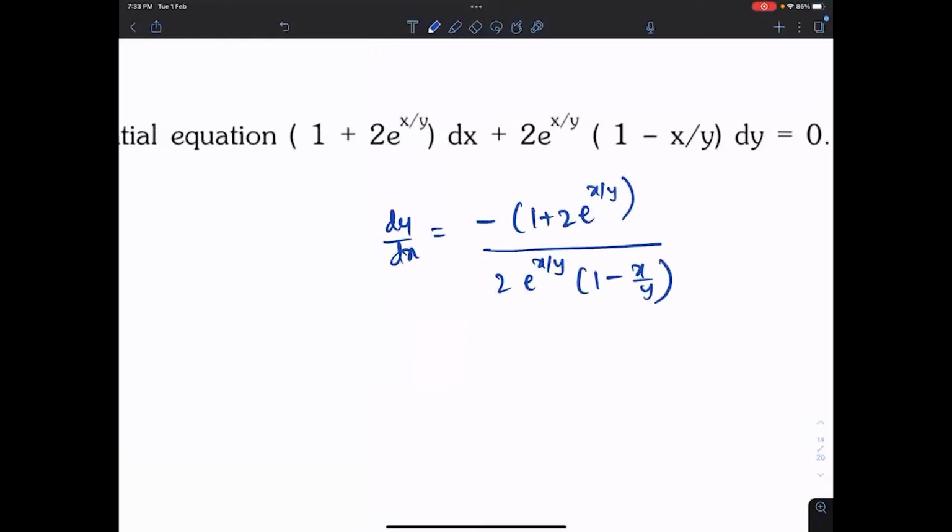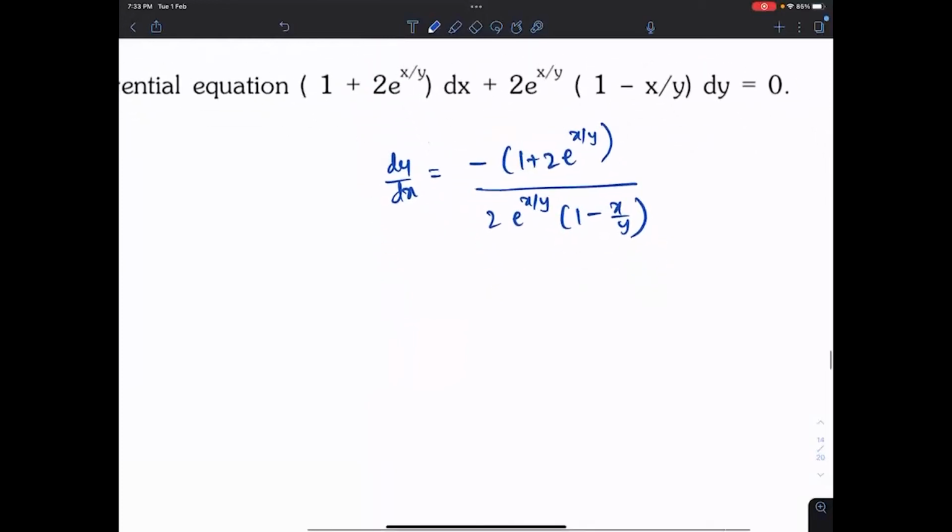Now, y equals vx will not be a good idea here. Why? Because if you put y equals vx, then x by y will be 1 by v. So which one do you like, e power v or e power 1 by v? Obviously e power v. E power 1 by v is more complicated.